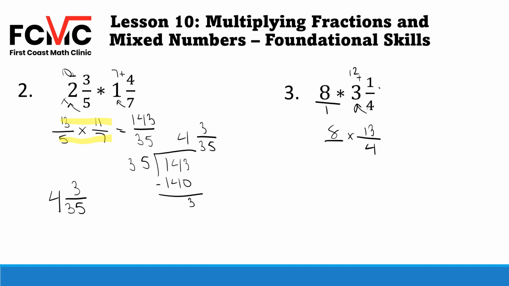So we're going to get 8 over 1. Now when we multiply straight across, 8 times 13, 1 times 4. 8 times 13 is going to give us 104 over 4. So let's convert our 104 over 4 to a mixed number.